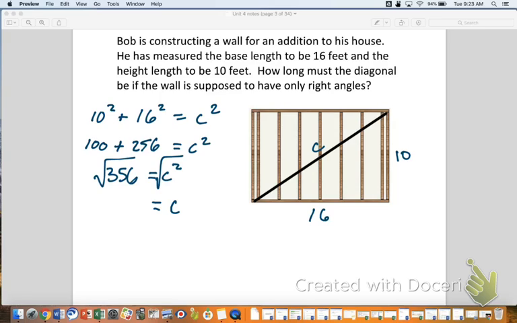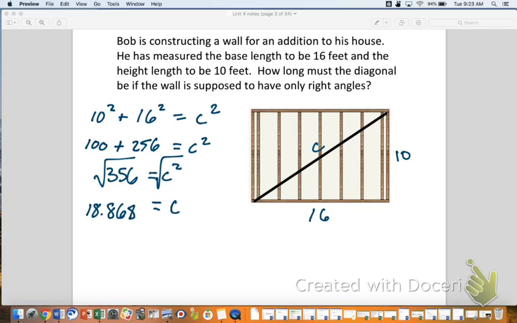Square root of 356. 18.868. Does that make sense?